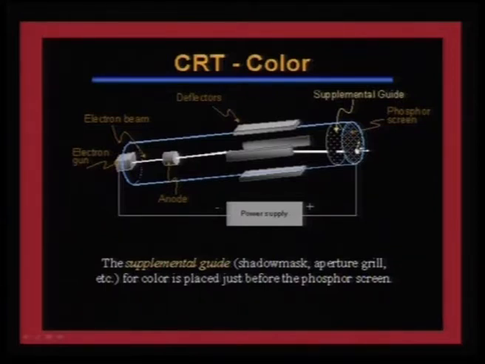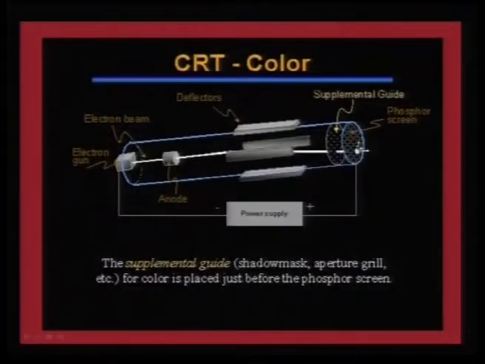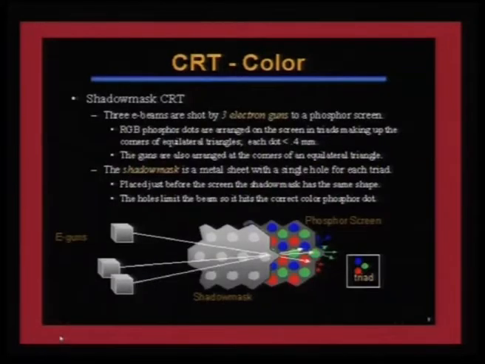So, this supplement guide is also called a shadow mask, and if you have this shadow mask in front of the phosphor screen, then that means you are talking about a color monitor system. But if it is a monochrome material, you do not need this supplement screen or the shadow mask.